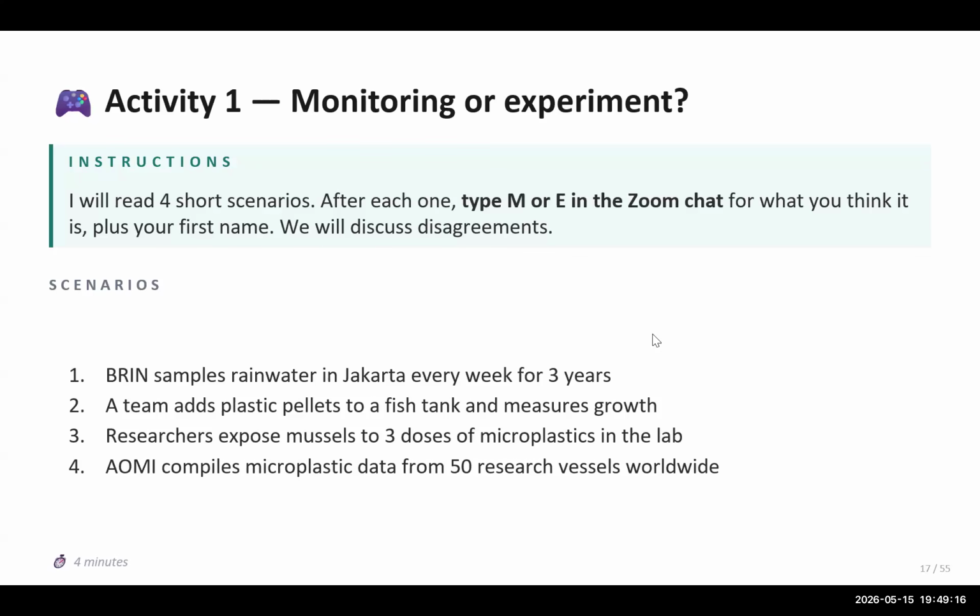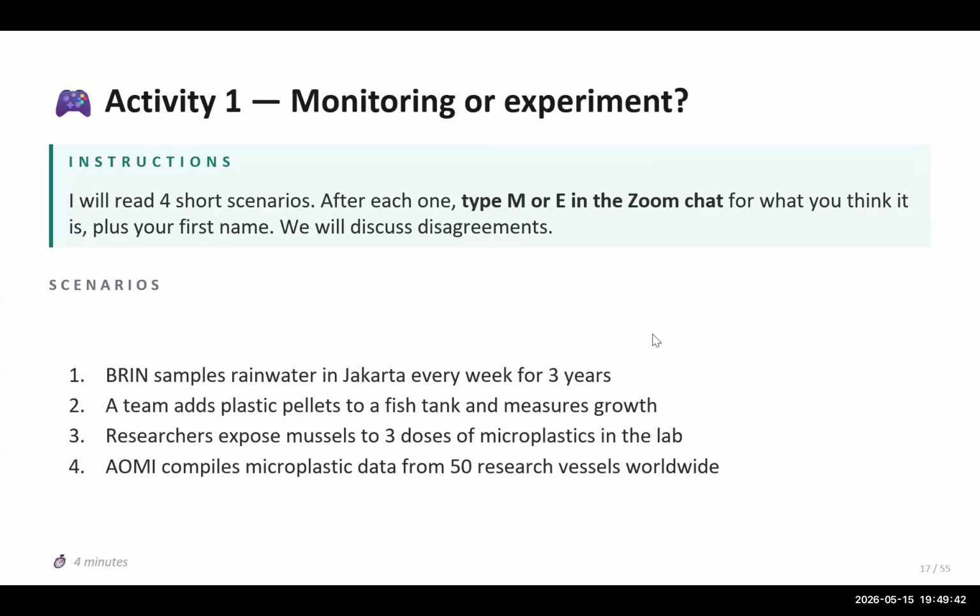And number four, AOMI compiles microplastic data from 50 research vessels worldwide. This is monitoring or experiment? Marco is confused.